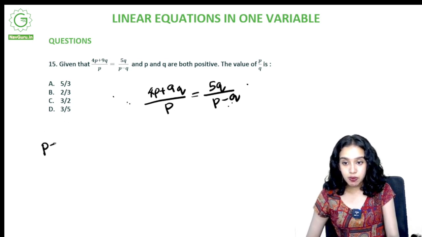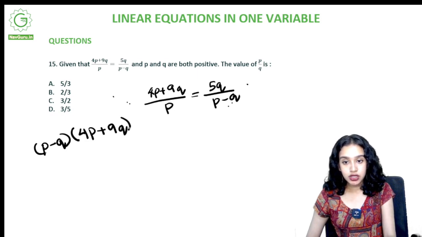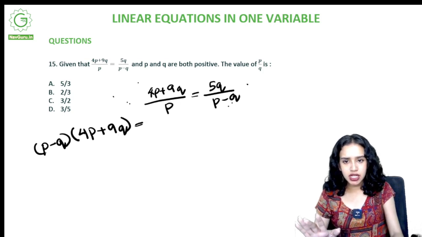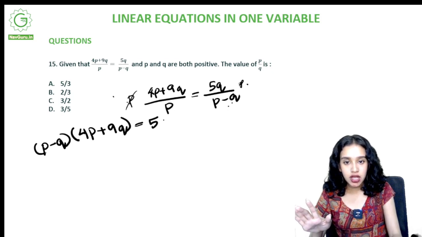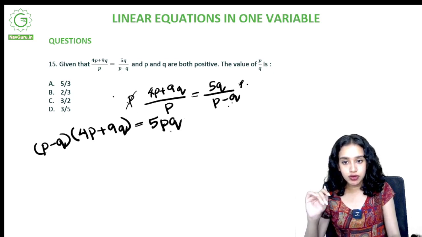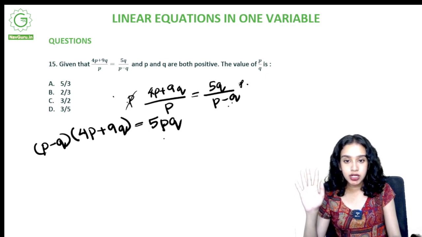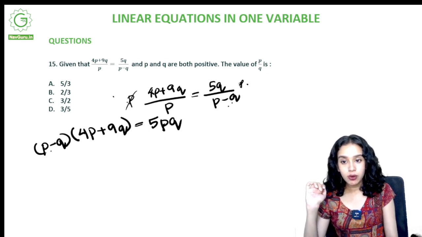That means it becomes (p minus q) into (4p plus 9q) is equal to, divided by p is there, but I am multiplying p on both sides, so this and this cancel out and this becomes 5pq. Now we have (p minus q) into (4p plus 9q) is equal to 5pq.